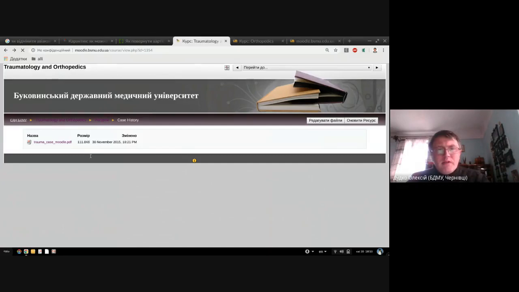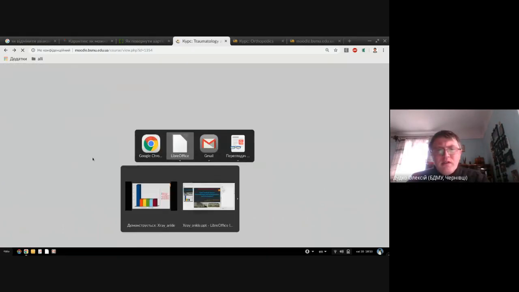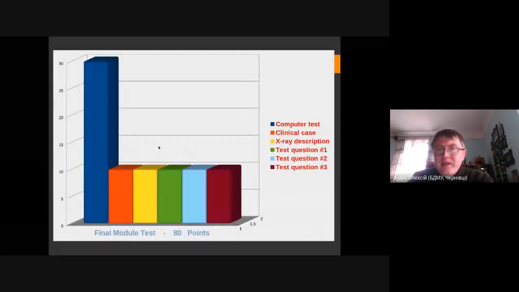The next part of your final test is going to be X-ray description. You will be given an X-ray. That may be an X-ray with a bone or joint pathology. It may be osteoarthritis. It may be a fracture of different locations.